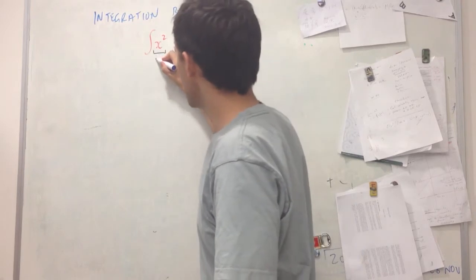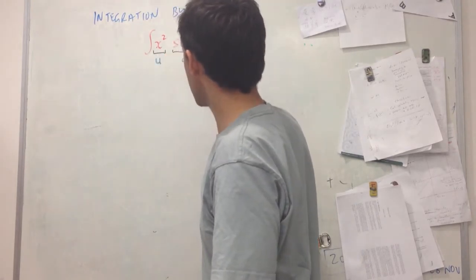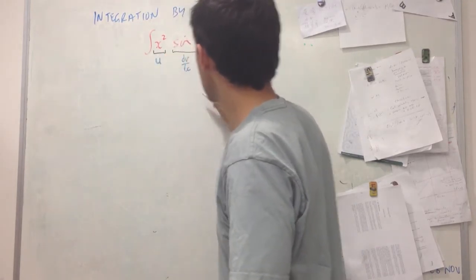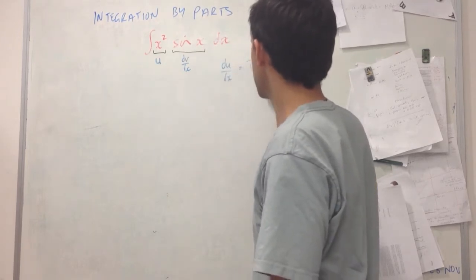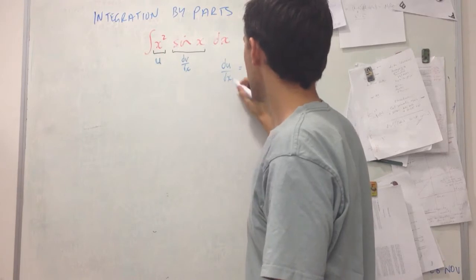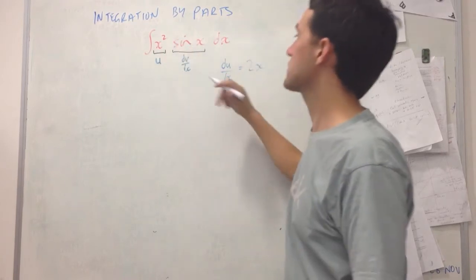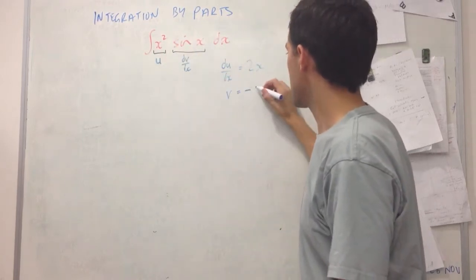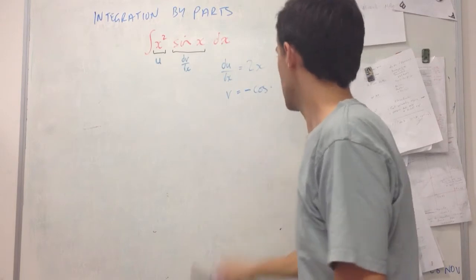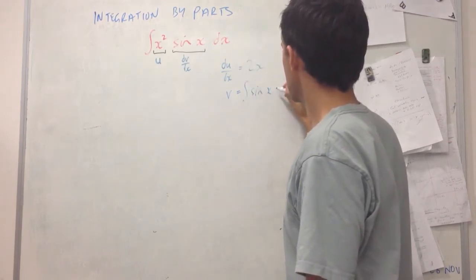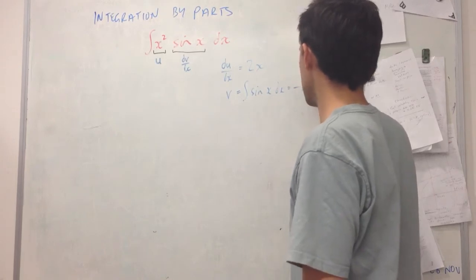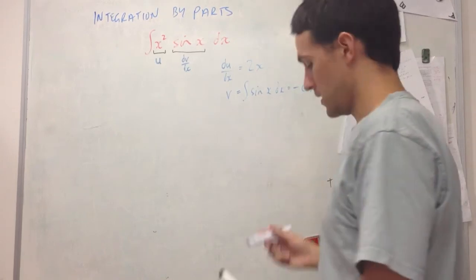So I'm going to call this my u and this my dv dx. And so then I have du dx equals 2x, and I have my v equals the integral of sine x, which is negative cosine. Better write it: integral of sine x dx equals negative cosine of x plus c.